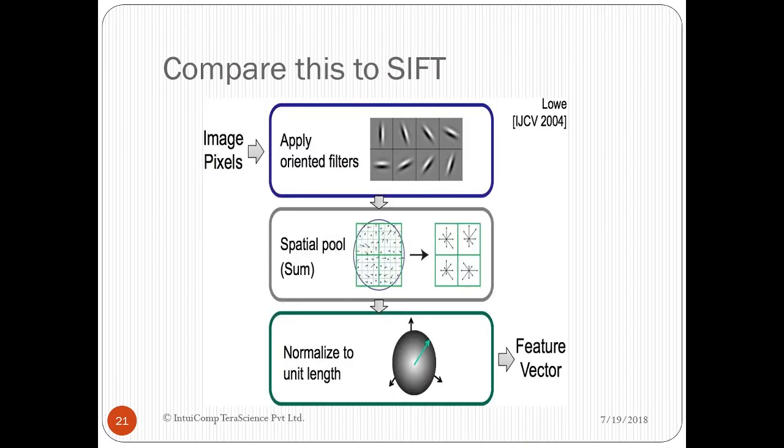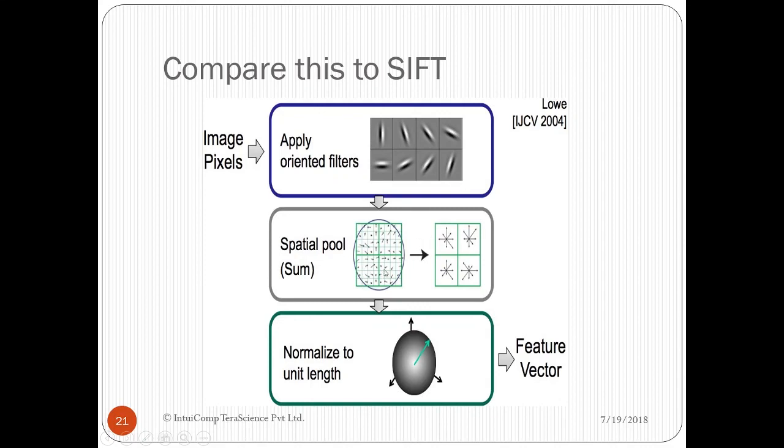Next, let's compare this to SIFT as we have discussed in the last video. If you remember, in SIFT we applied oriented edges to our images to learn the features. Then pooling is done to subsample images.